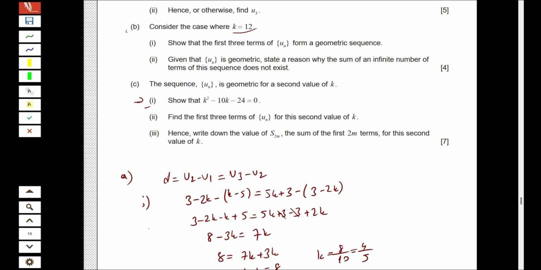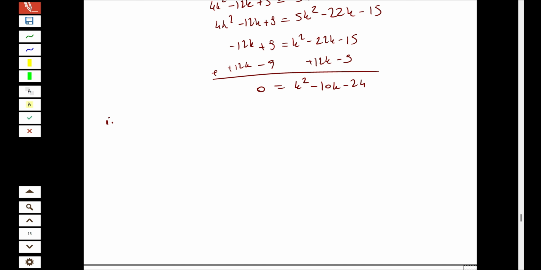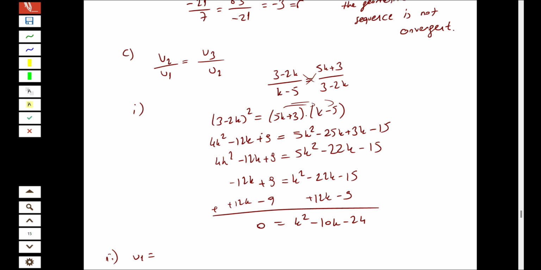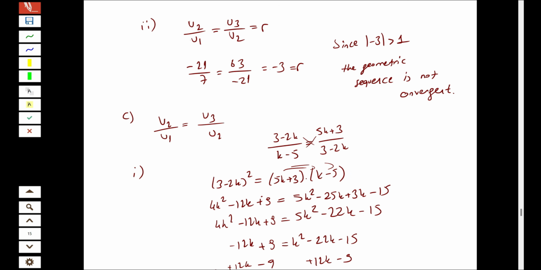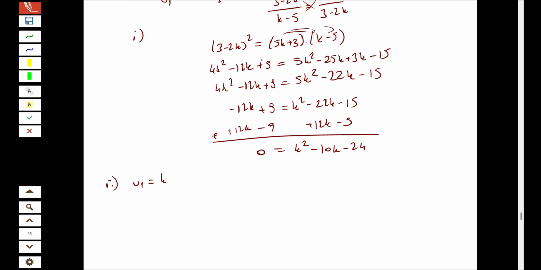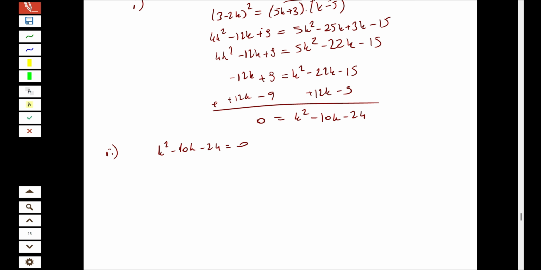The other question: find the first three terms of Un for the second value of k. By the way, we're going to find the second k from here. For this, you can factorize this quadratic equation. It will be k minus 12 and k plus 2, because when you multiply, you will see that the sum of these numbers is minus 10k.